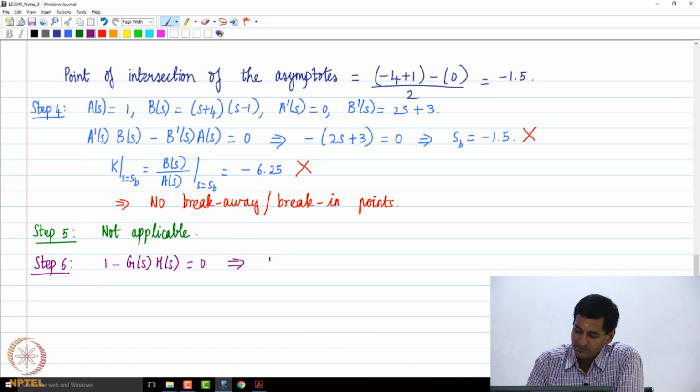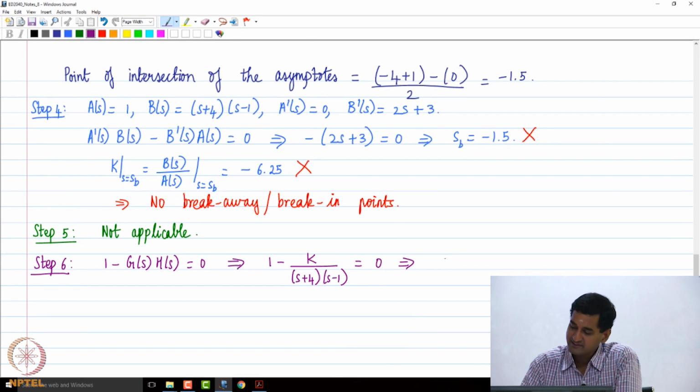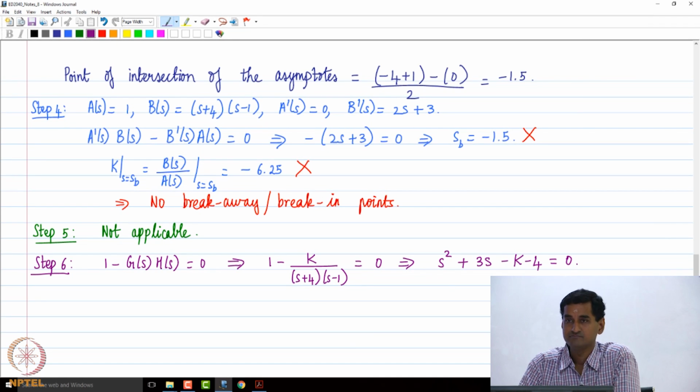We get the closed loop characteristic equation as this. If we simplify this, we are going to get s squared plus 3s minus k minus 4 equals 0. Am I correct?